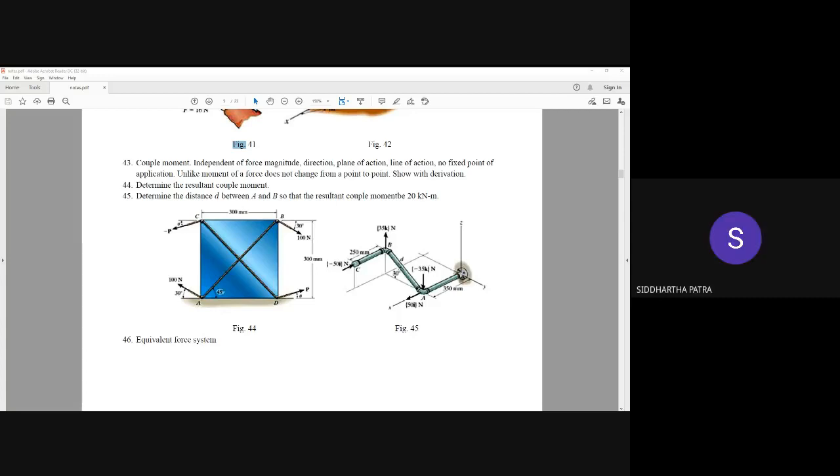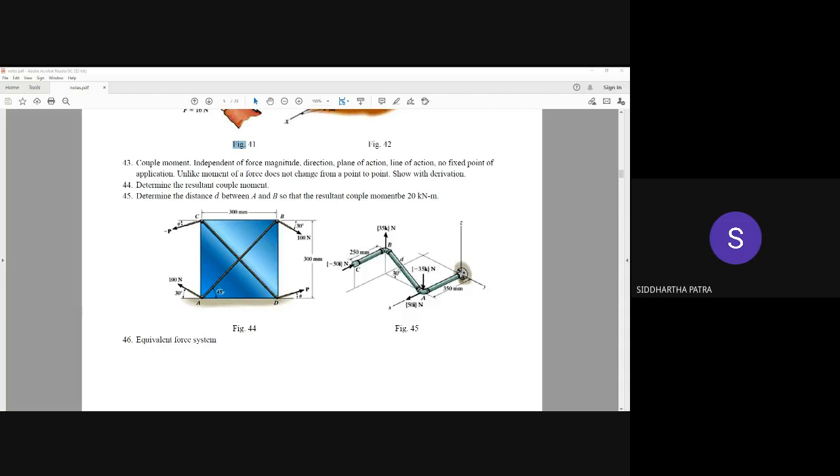So for that 50 Newton force, the normal distance is simply d, right? So 50d is the moment, and that moment would have a component along the z-axis of 50d times root 3 by 2, that is 25d root 3, and along the y-axis it should be 25d.